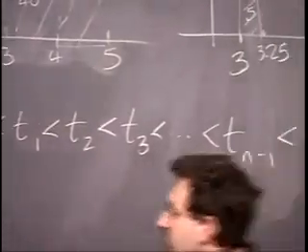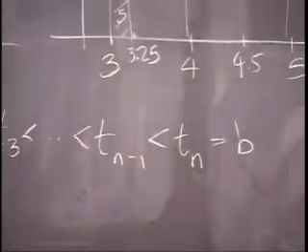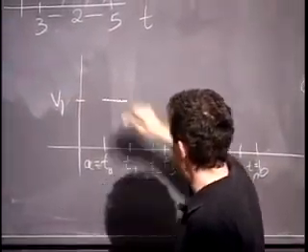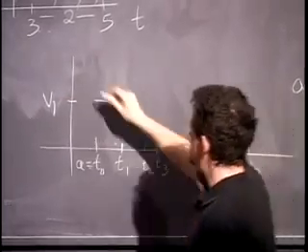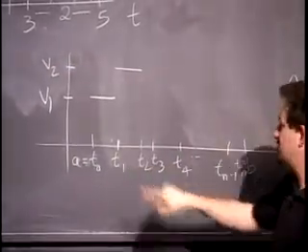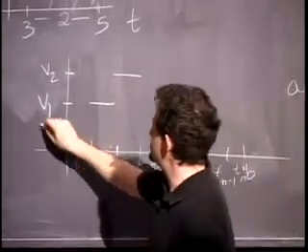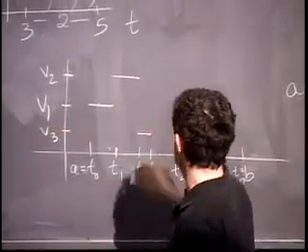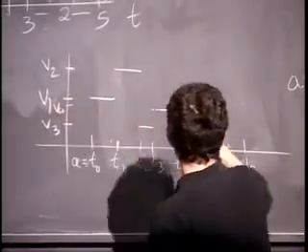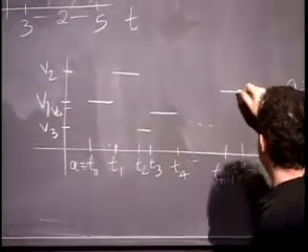And I want to assume that there are different speeds, not necessarily in increasing order. V1 is the first speed you go at. V2 is the second speed, and that's between t1 and t2. v3, which could be down here, and so on. So v4 would be here, and the last one will be called vn.